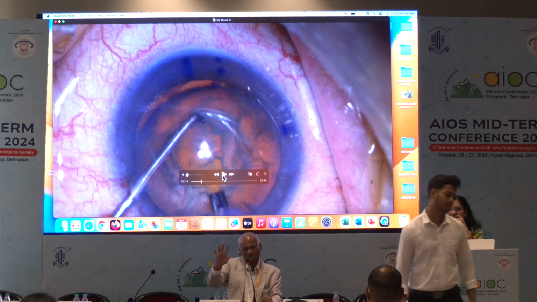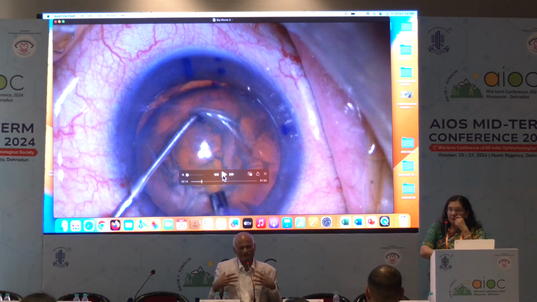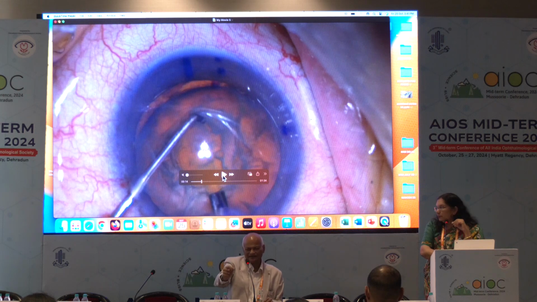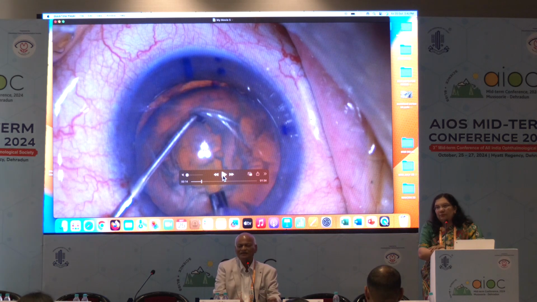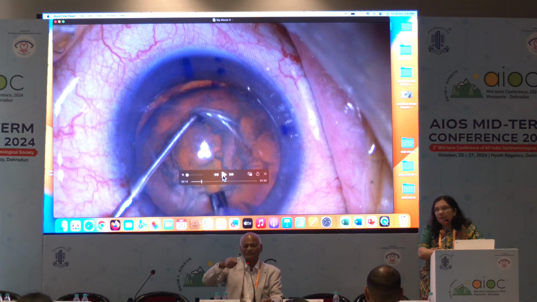I was also doing this case, and I thought, why did I put a CTR? Because I thought after putting the CTR I would be able to do the phacoemulsification. But once we read so many things, when the subluxation is more than 4 o'clock positions, in such a situation this CTR will not withstand the phaco power, and that will cause the problem.